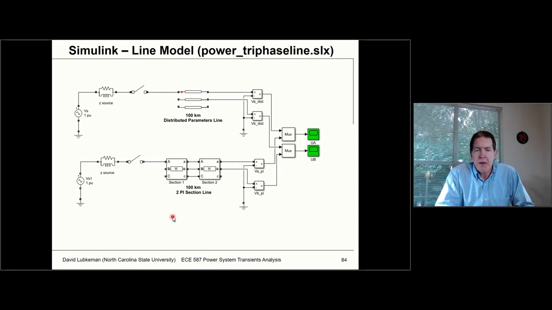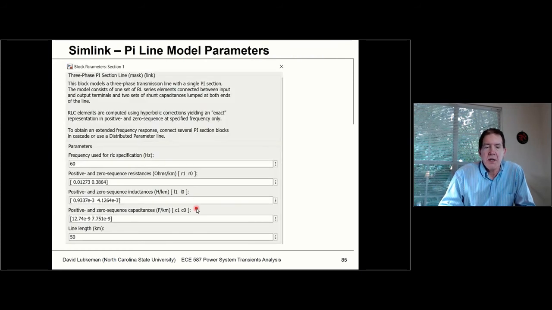So anyway, this is set up as a comparison, but what we're really concerned about here is what's going on in phase A and phase B when I close in phase A. And we can see the setup for this.